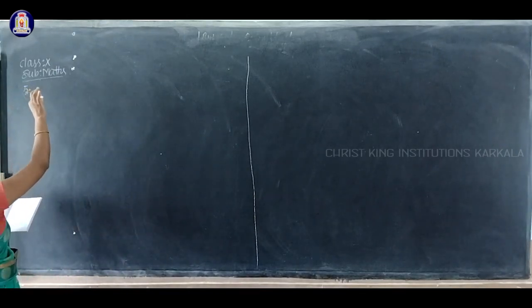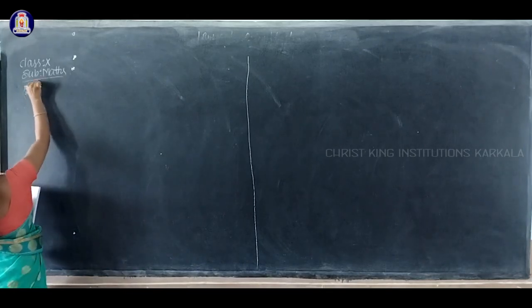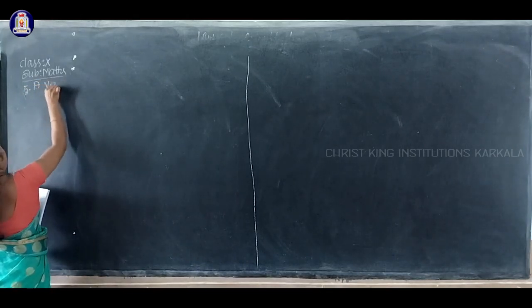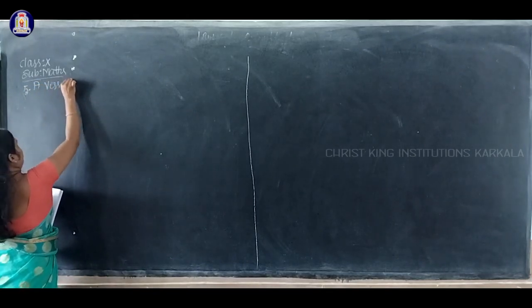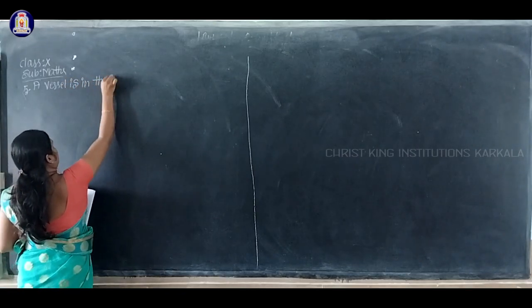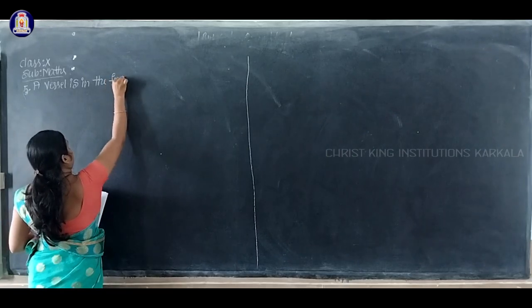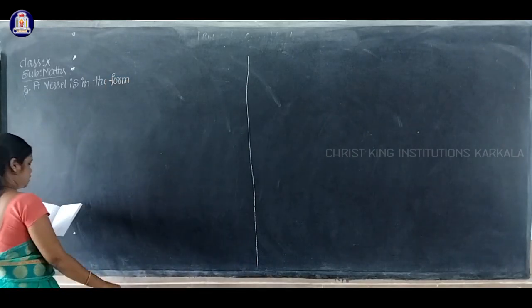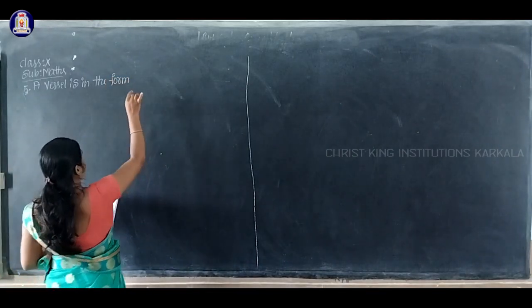A vessel is in the form of an inverted cone.